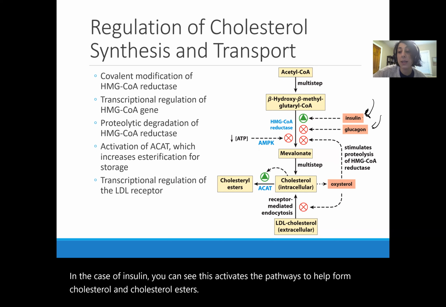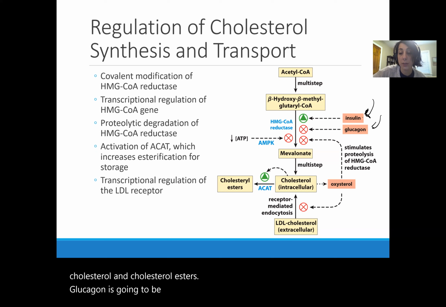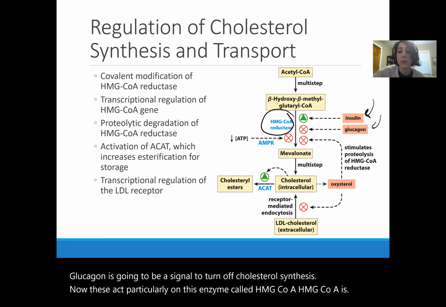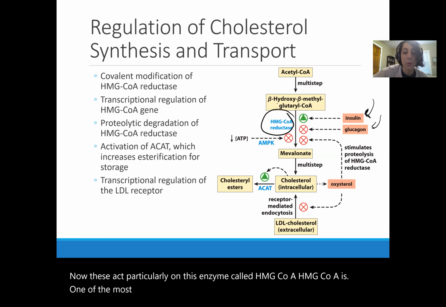Glucagon is going to be a signal to turn off cholesterol synthesis. Now, these act particularly on this enzyme called HMG-CoA reductase. HMG-CoA reductase is one of the most important regulatory points related to cholesterol synthesis and formation.